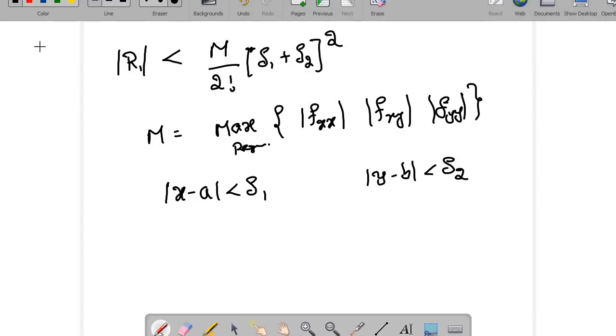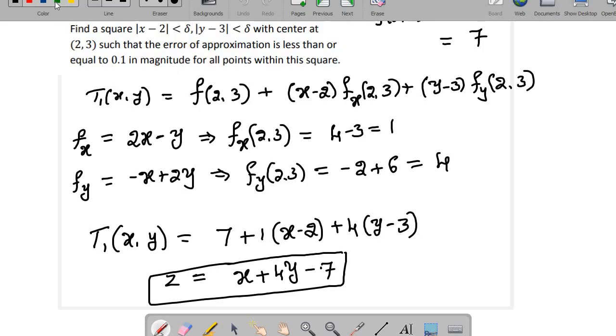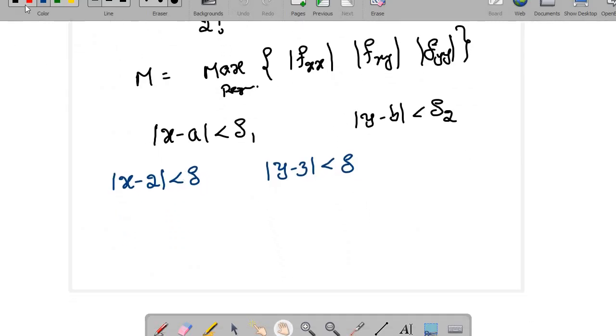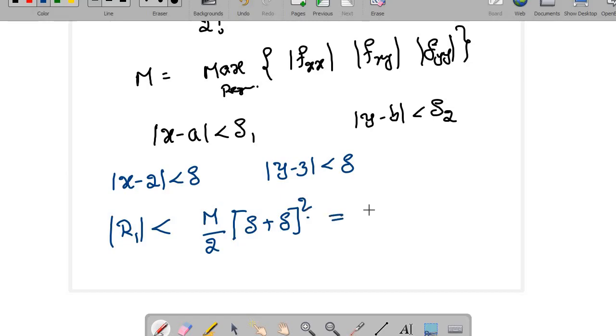In our given case, we have |x minus 2| less than delta and |y minus 3| less than delta, so delta 1 and delta 2 both equal delta. Therefore R1 is less than or equal to M over 2 times (delta plus delta) whole square, which is M times 4 delta square over 2, so 2M delta square.